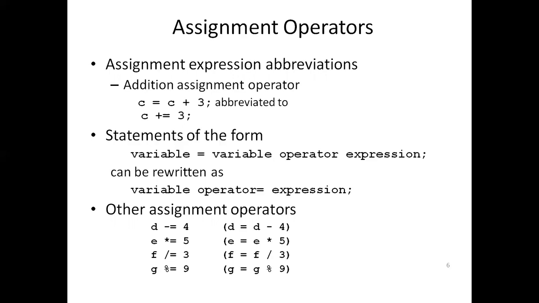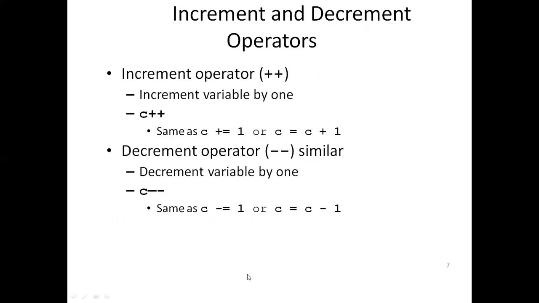Another assignment operator: d = d - 4 is d -= 4, e = e * 5 is e *= 5. It's a similar equivalent representation in programming. Also f /= 3, and g %= 9, assigned to g, are exactly the same.